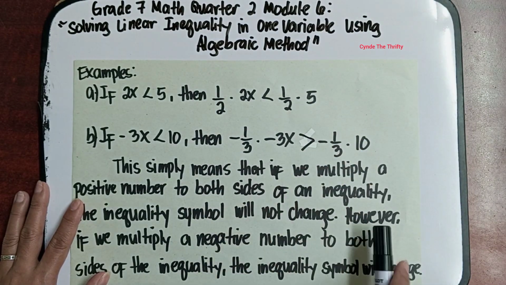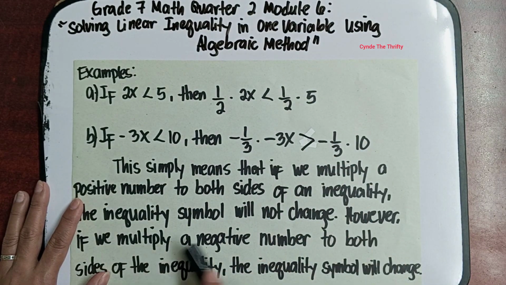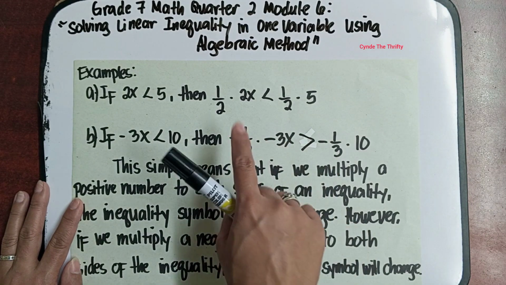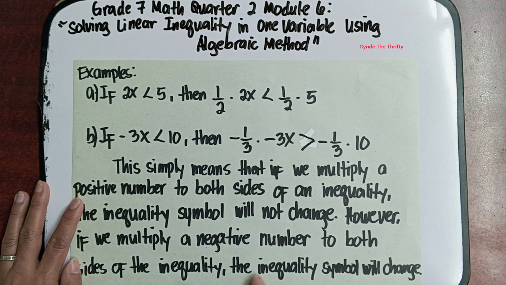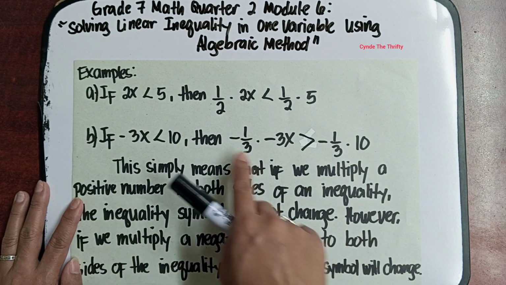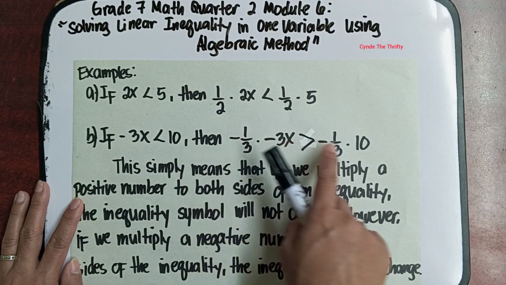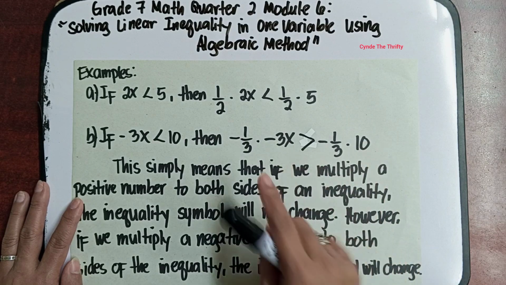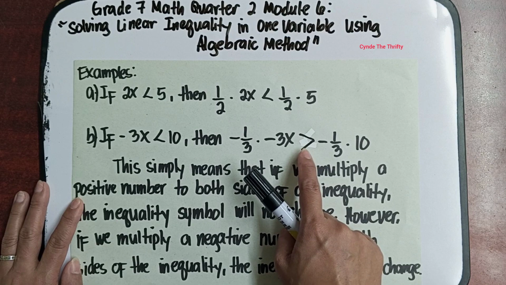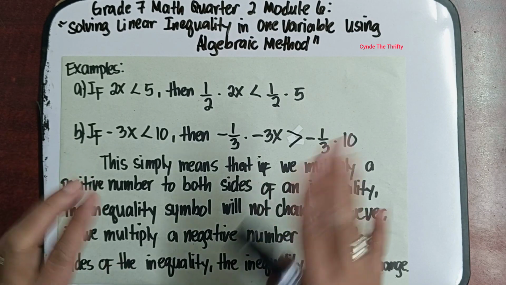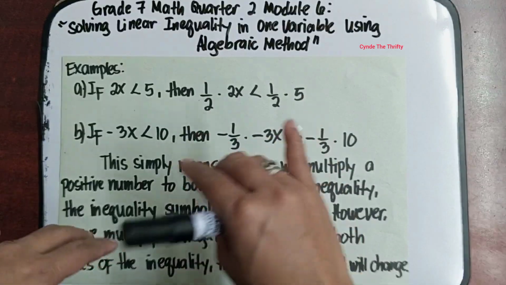However, if we multiply a negative number to both sides of the inequality, gaya nito, minultiply natin ng negative 1/3 ang both sides. Anong nangyari? The inequality symbol will change. Okay, so tatandaan natin na kapag negative number ang i-multiply natin sa both sides ng ating inequality, ang mangyayari sa ating symbol is mag-change.